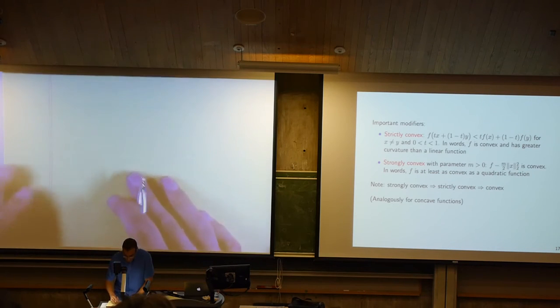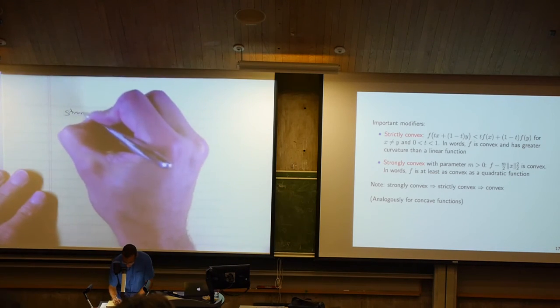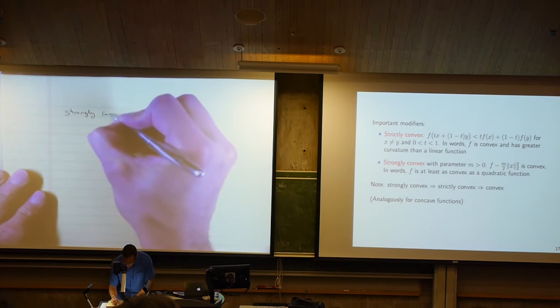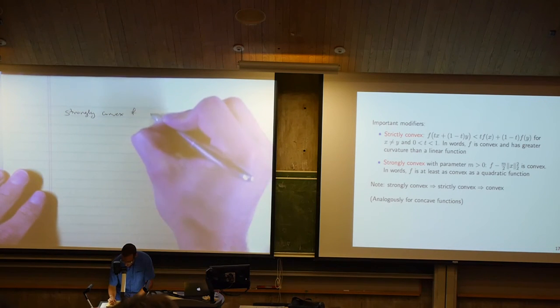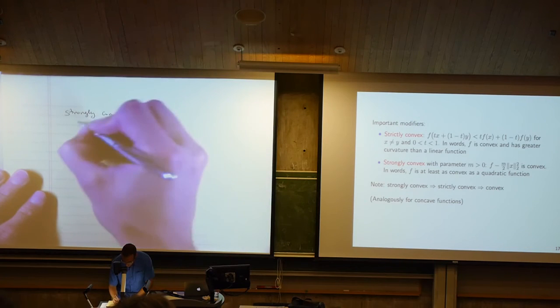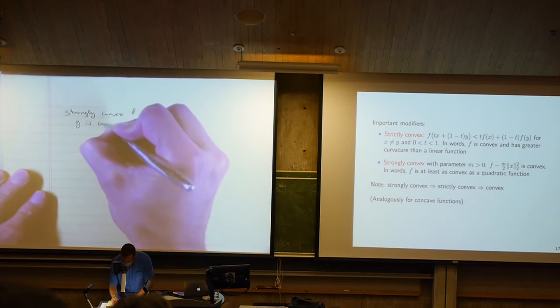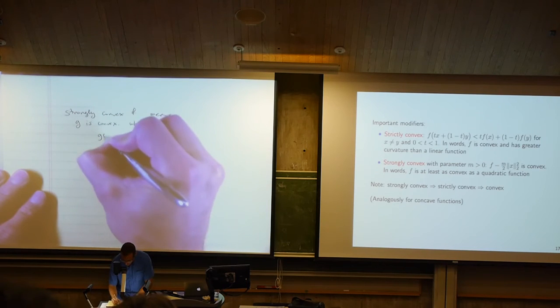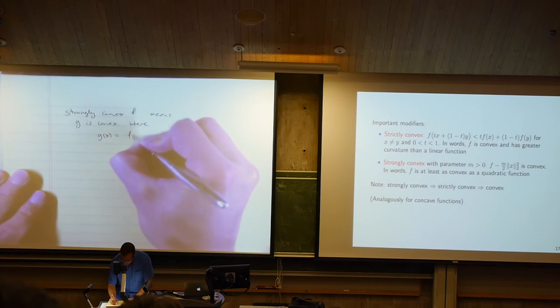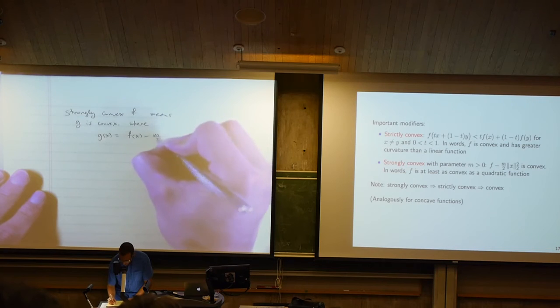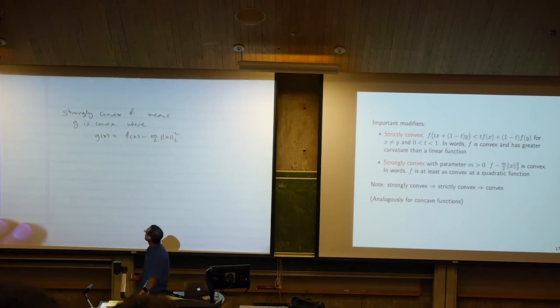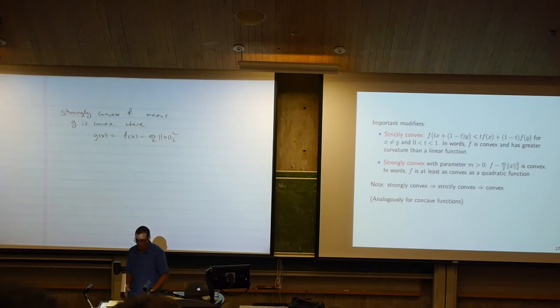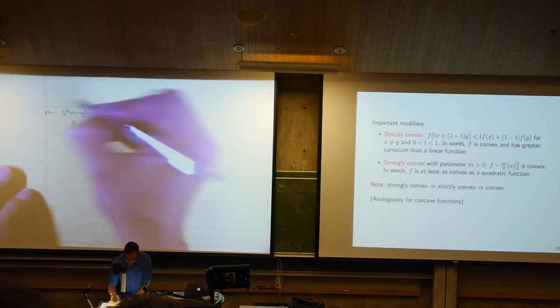So f strongly convex means that g is convex, where g of x is equal to f of x minus m over 2 times the 2 norm of x squared. That's our definition for f being m strongly convex.